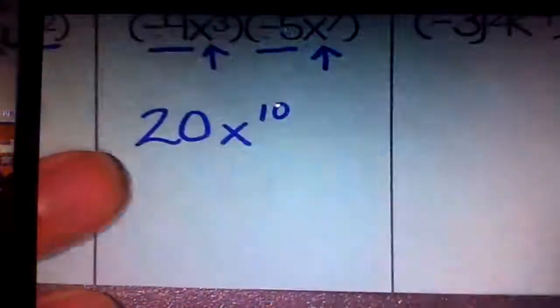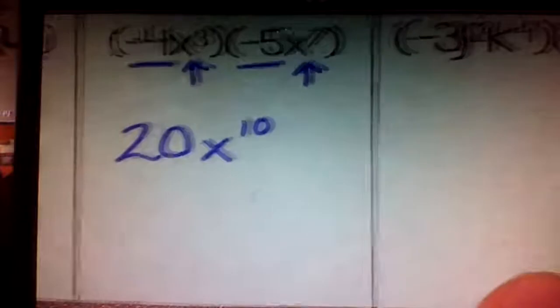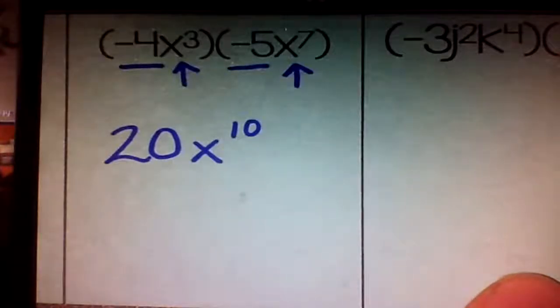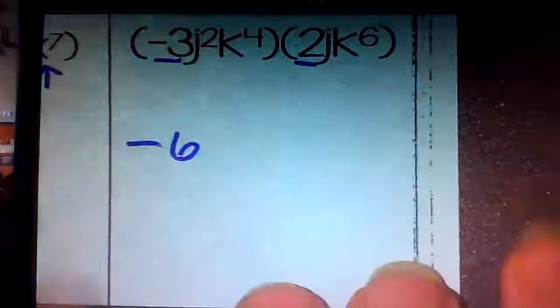That's the 10. So -6, good, Maya. -3 times 2 is -6.